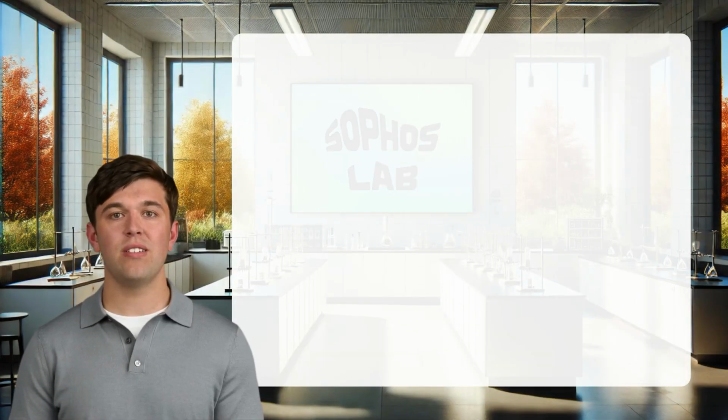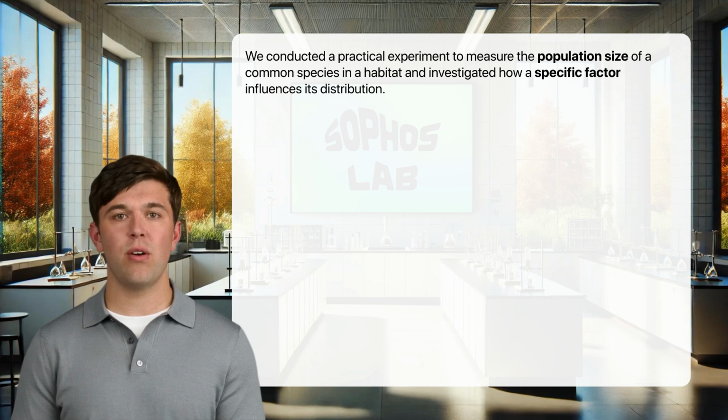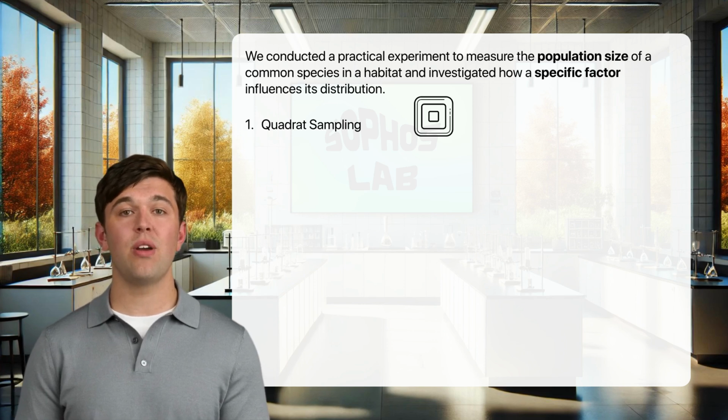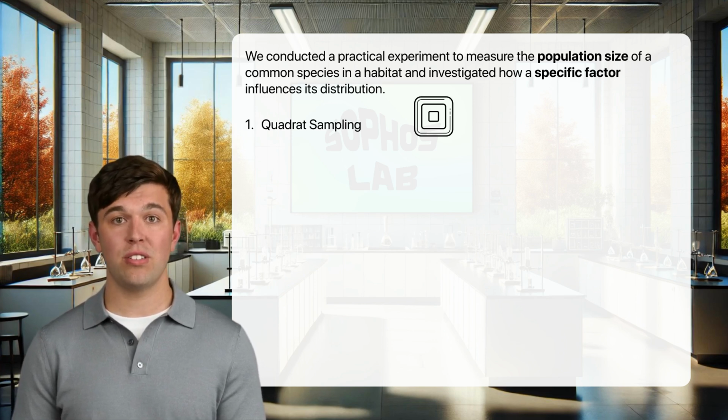In today's lesson, we conducted a practical experiment to measure the population size of a common species in a habitat and investigated how a specific factor influences its distribution. The key steps of this practical were quadrat sampling, in which we placed quadrats randomly within our study area to obtain sample counts of the species present.